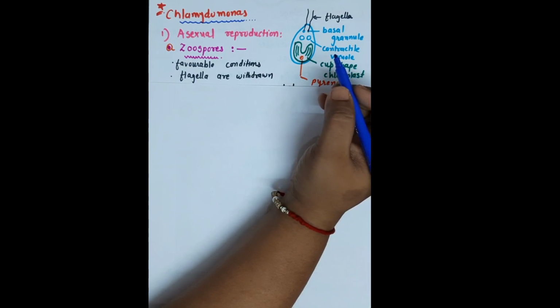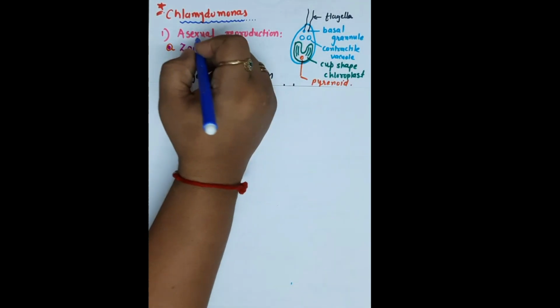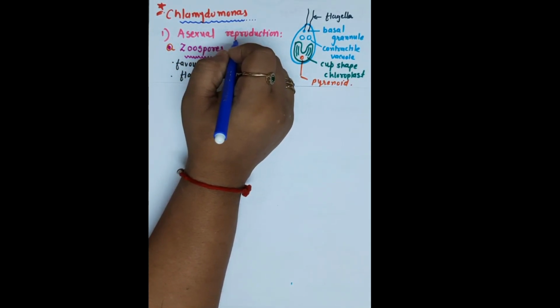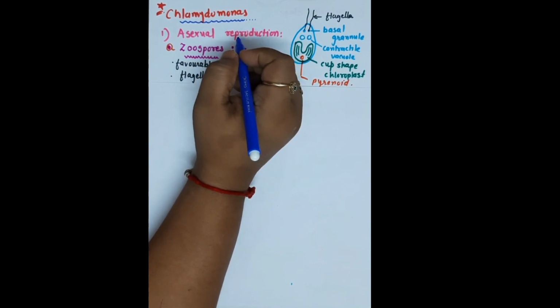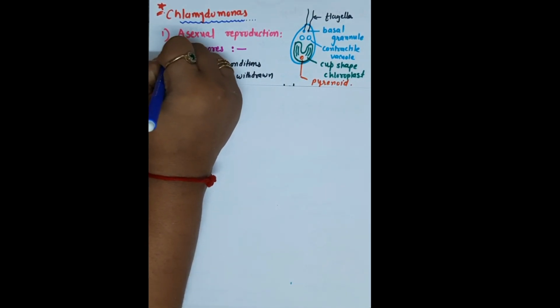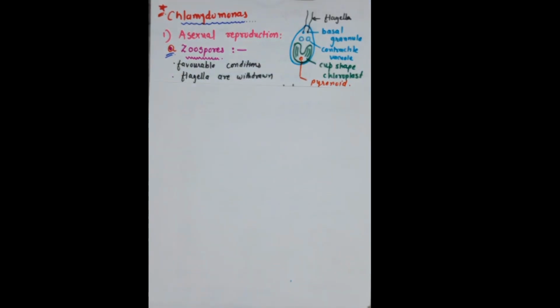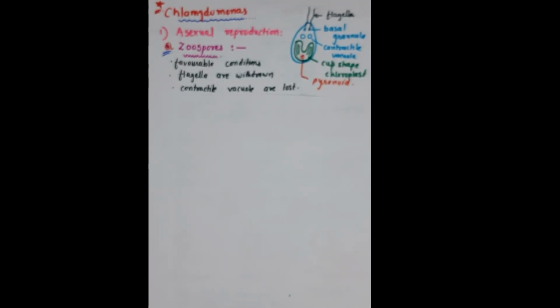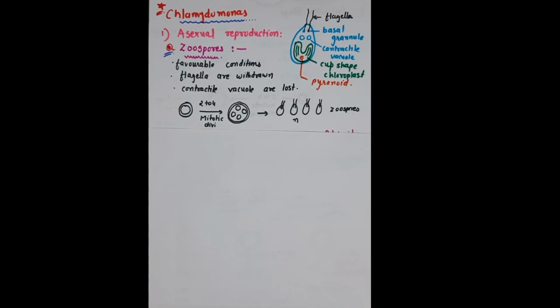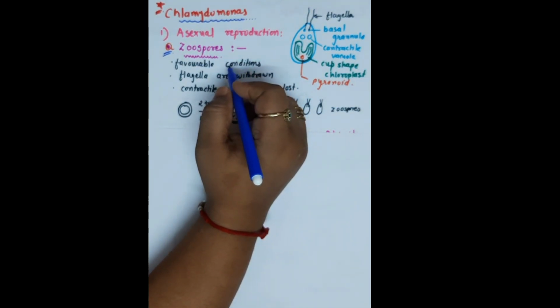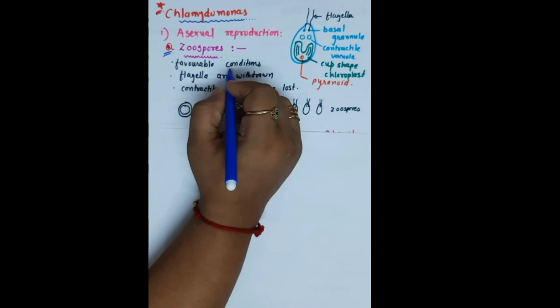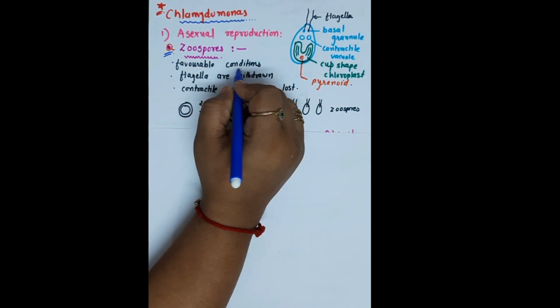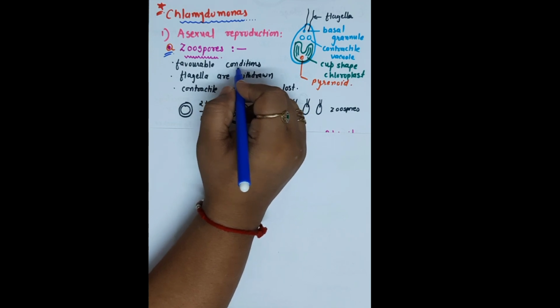So let's talk about reproduction in Chlamydomonas, which is most important for NEET. First, asexual reproduction, in which first is the formation of zoospores. Zoospores are formed under favorable conditions. Most important, remember, zoospores are formed when the conditions are favorable.